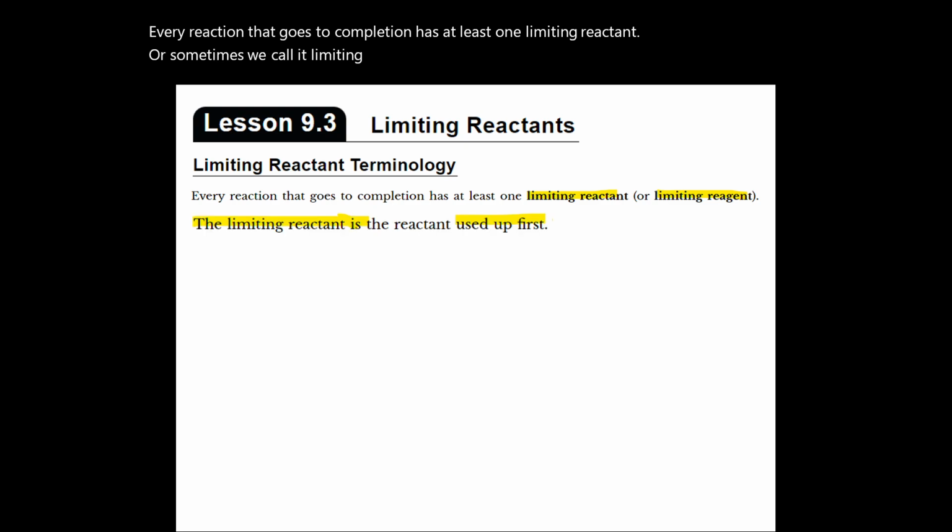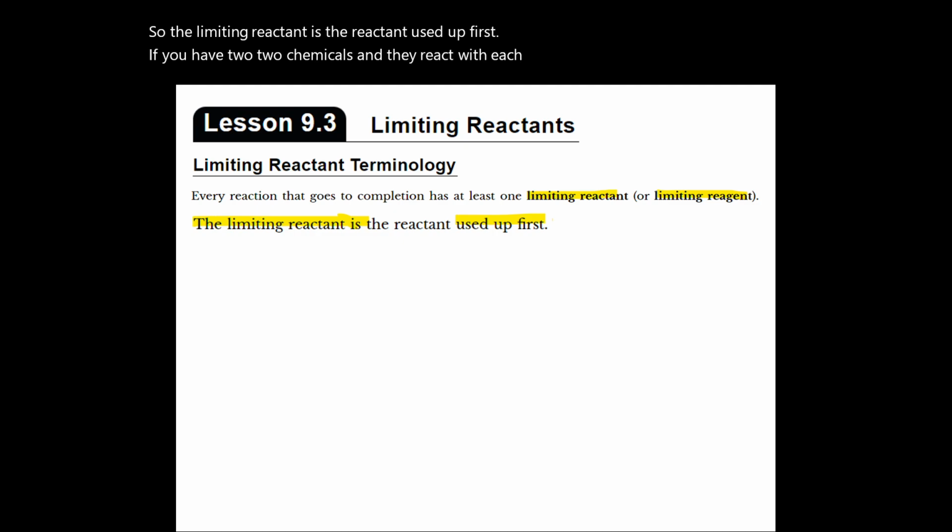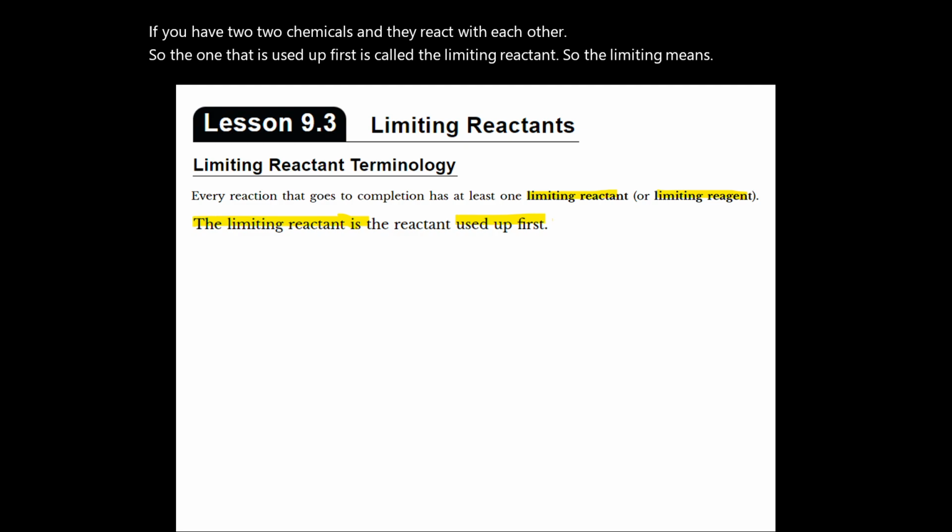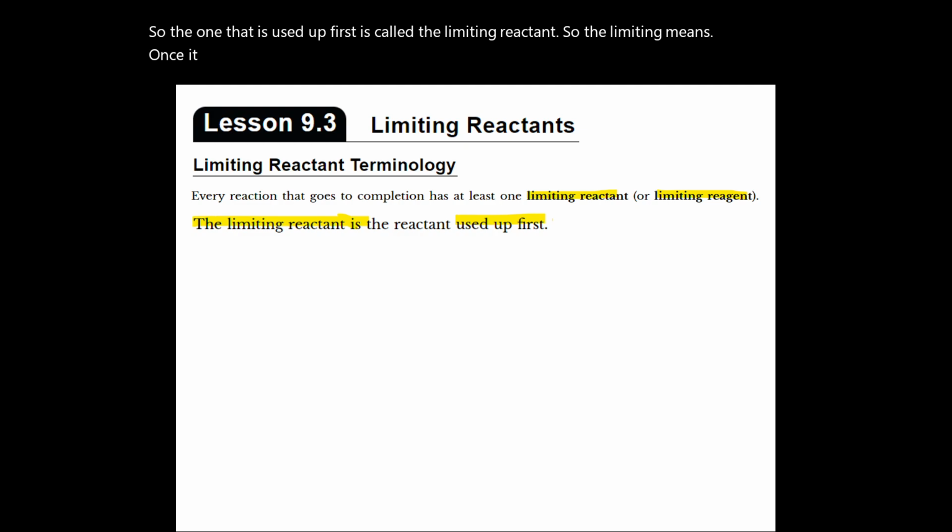The limiting reactant is the reactant used up first. If you have two chemicals and they react with each other, the one that is used up first is called the limiting reactant. Limiting means once it is used up, it limits the reaction, so the reaction cannot proceed anymore.